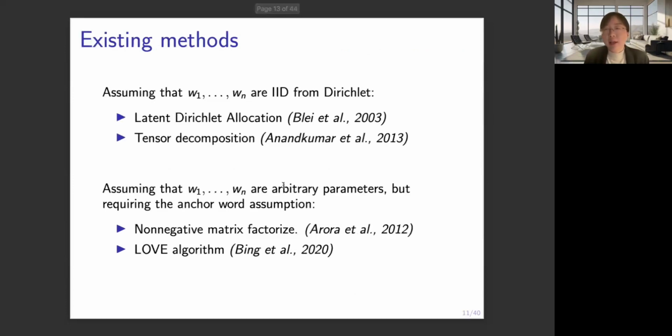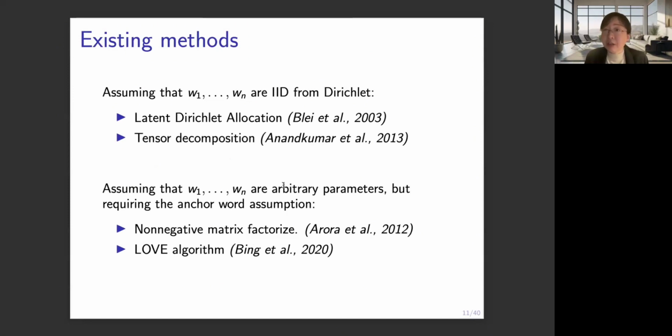Under this model and identifiability condition, we seek efficient algorithms for estimation. In the literature, more than 90% of the works in topic modeling are from the Bayesian literature. They put priors on the W_i's and then use variational inference to get the posteriors.